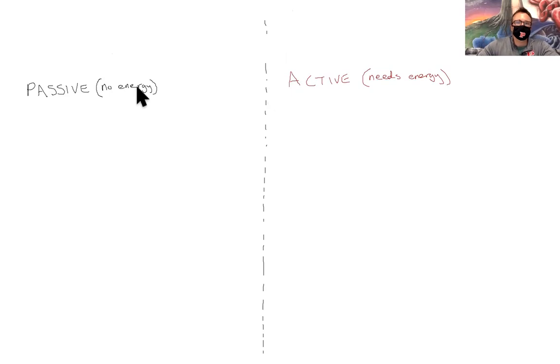Over here under passive, I want you to write high to low. So passive transport goes from high concentration to low concentration. So what do you think active does? Low to high.